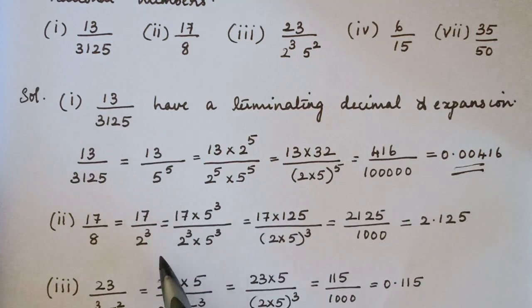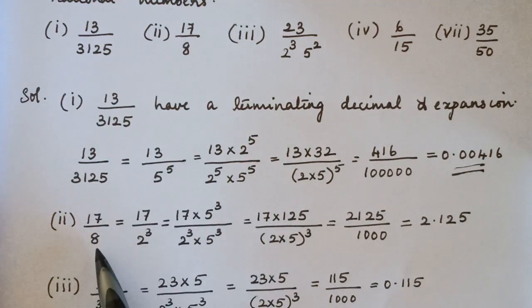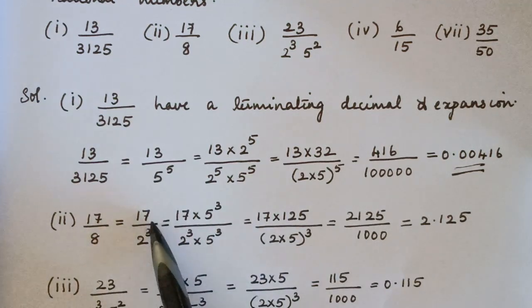Because we have to check if it has a terminating decimal expansion, the denominator will be of the form 2 raised to n into 5 raised to m. So you know that 17 by 8 has a terminating decimal expansion. So this can be written as 17 by 2 cube.